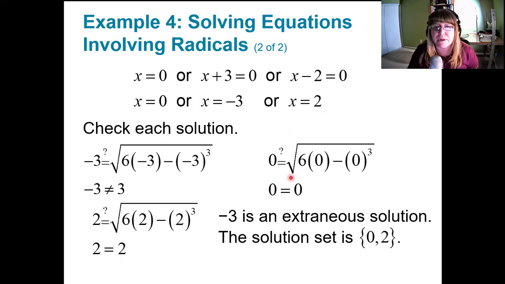And let's try 0. Does 0 equal the square root of 6 times 0 minus 0 cubed? Everything underneath the square root is 0. The square root of 0 is 0, and 0 equals 0. So -3 is extraneous, but 0 and 2 are good solutions, so our solution set is 0 and 2.